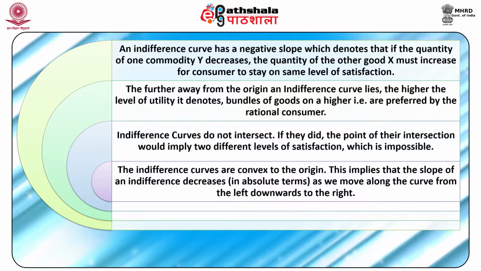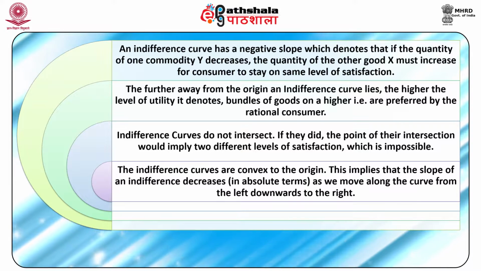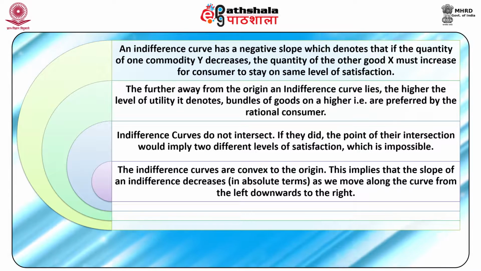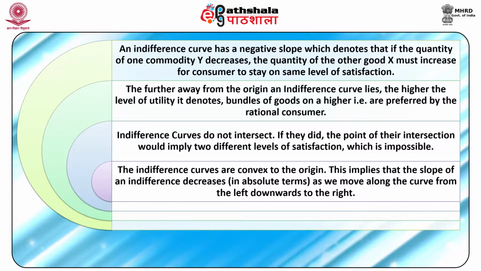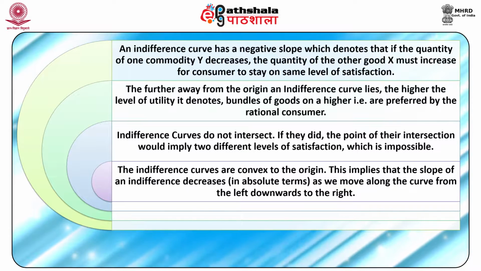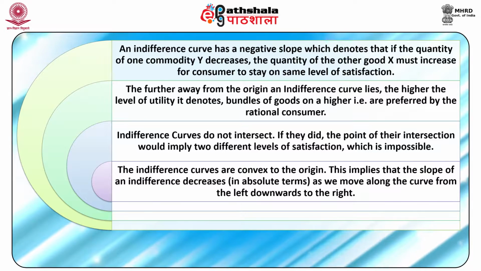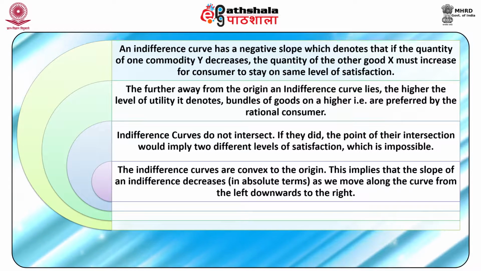This is obviously necessary because we are considering two commodities X and Y which are substitutes, but the substitution along an indifference curve is done in such a manner that the total satisfaction obtained from the consumption of different combinations of X and Y always remains the same.